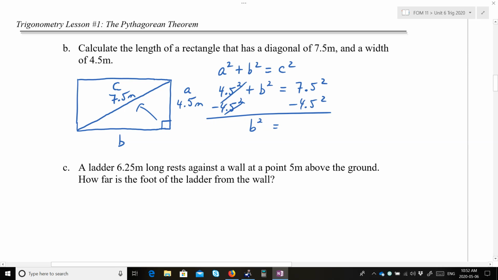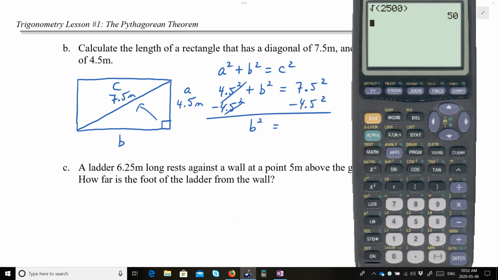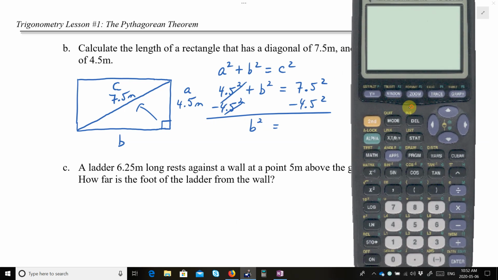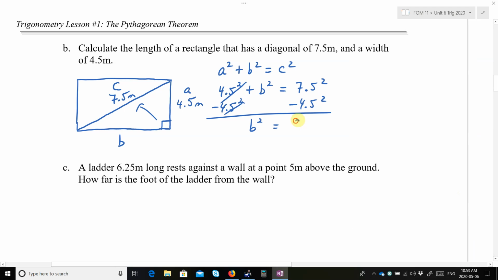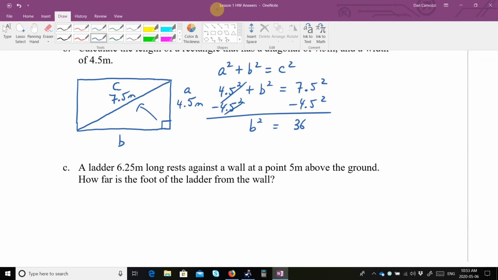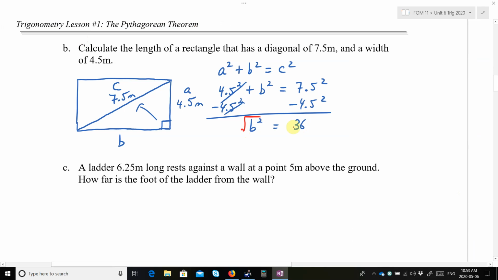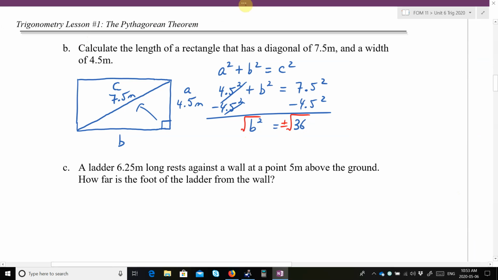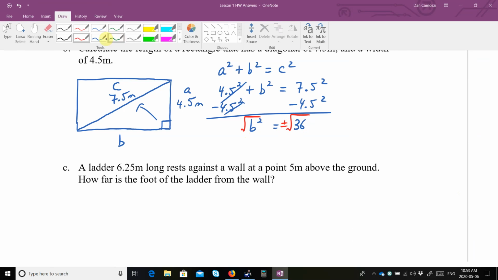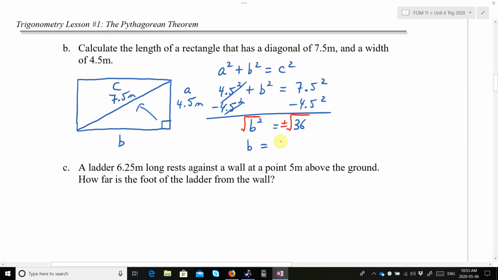And you get B squared equals 7.5 squared minus 4.5 squared, which is 36. And then we will do square root, plus or minus in front. B is equal to plus or minus 6. We'll reject the negative and say that B is equal to 6 meters.